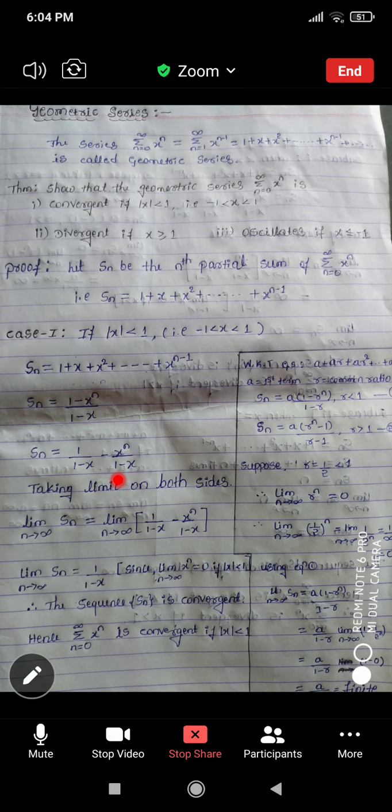Generally, to test the convergence of a series, the necessary condition is that the limit as n tends to infinity of u_n is equal to 0. Then the series may be convergent or divergent. For that purpose, we will use the first method, the geometric series method.